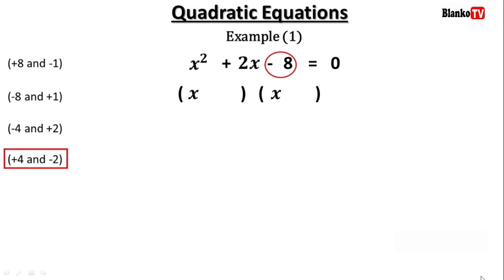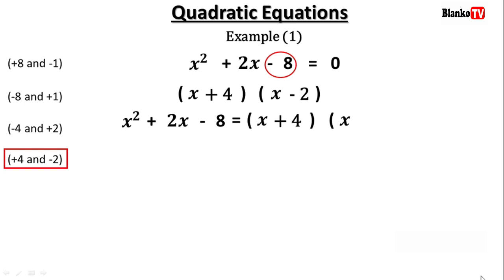The factors are 4 and negative 2. So we place plus 4 and negative 2 in the brackets. So x squared plus 2x minus 8 is now equal to x plus 4 in a bracket, x minus 2 in a bracket.